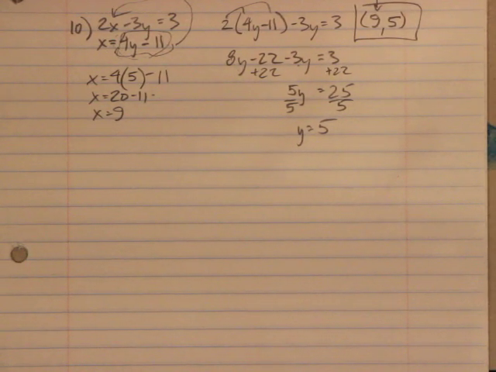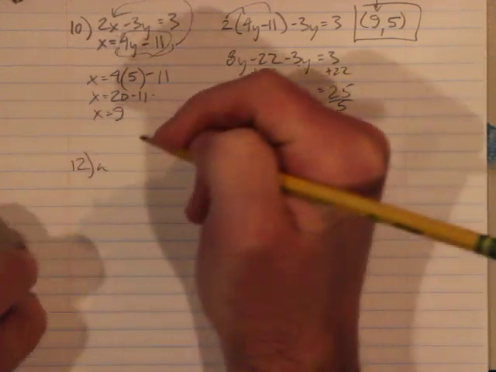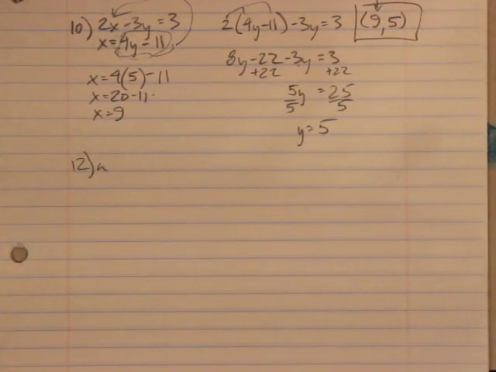Moving on to number 12a. The following data shows attendance of 7 home games for a high school football team.